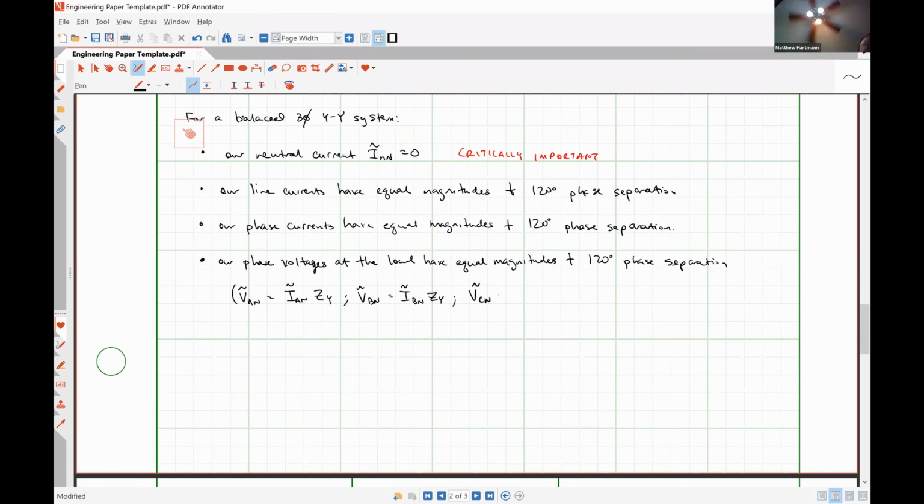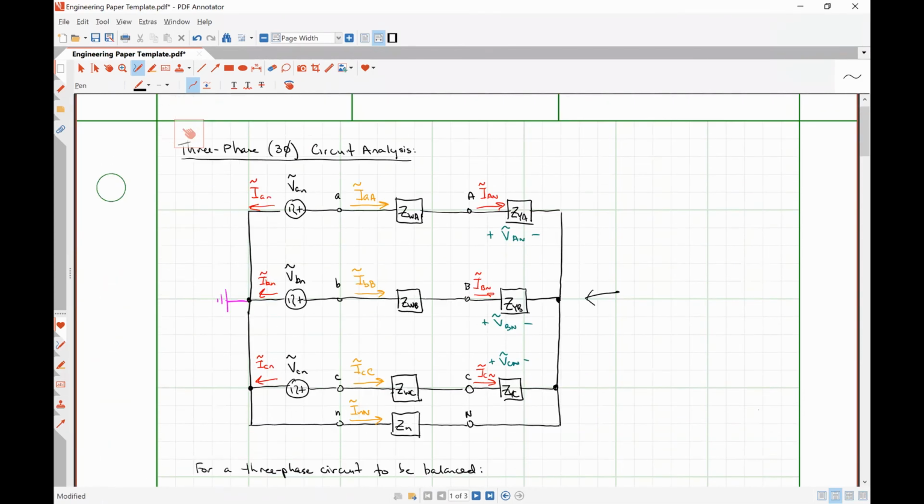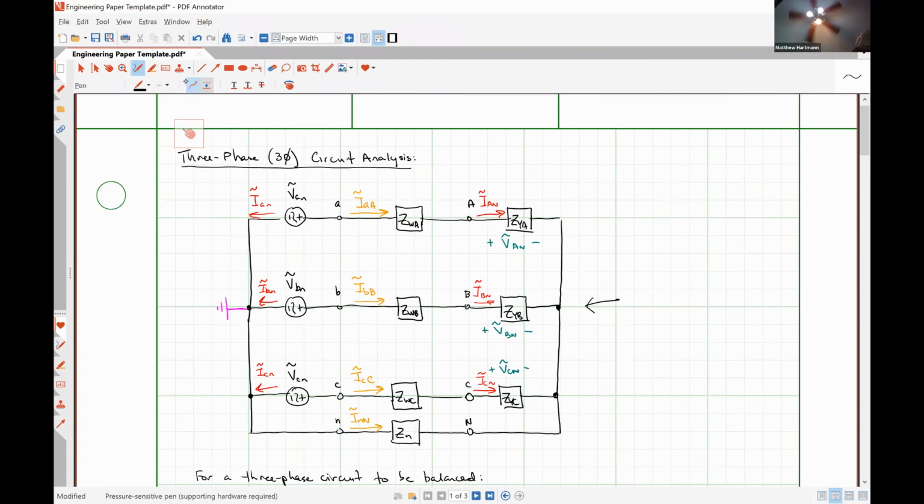And VCN would be ICN ZY, where that's just IAN times ZY shifted by negative 240 degrees. And we can also see that our line voltages at the load will have equal magnitudes and 120 degrees phase separation. So let's talk about those line voltages again real quick.